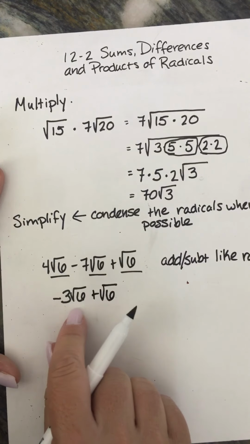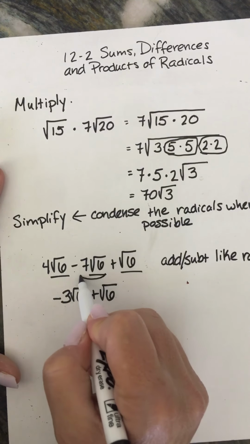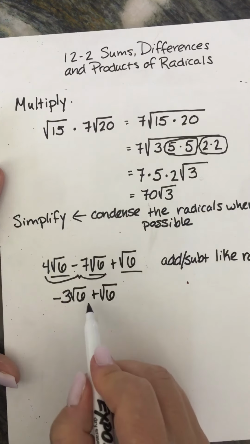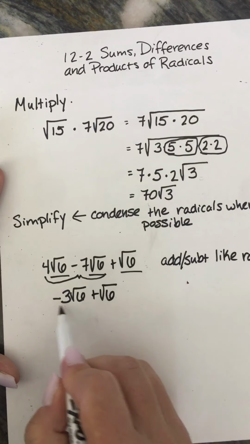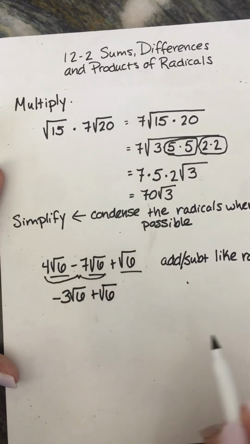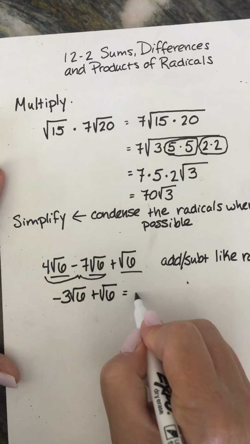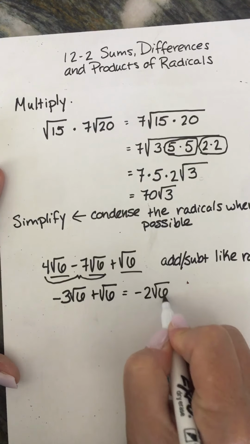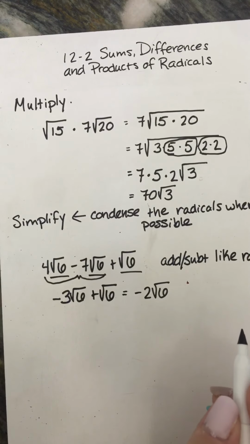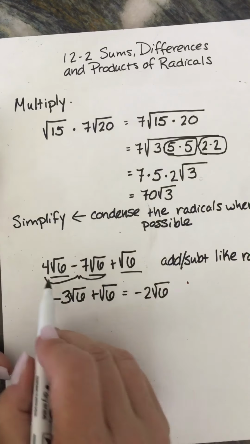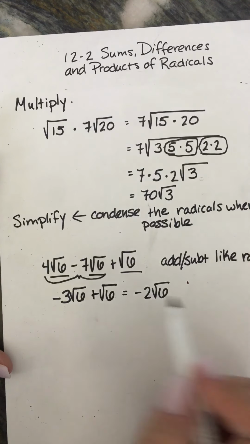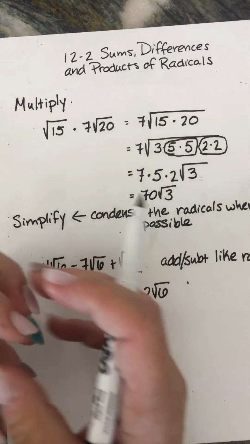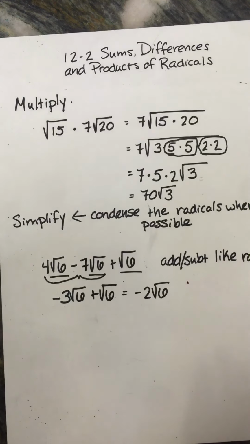So we have negative 3 square roots of 6, plus, remember there's the imaginary 1, there's always the 1 there, so negative 3 square roots of 6 plus 1 square root of 6 gives us negative 2 square roots of 6. So we were able to take 3 square roots, and because they were all like square roots, we could condense them into 1 square root.